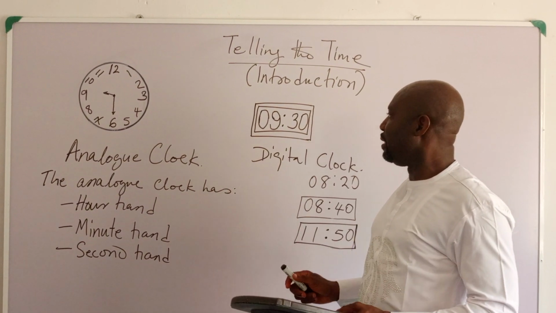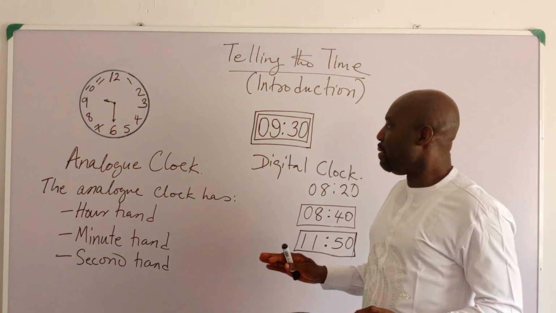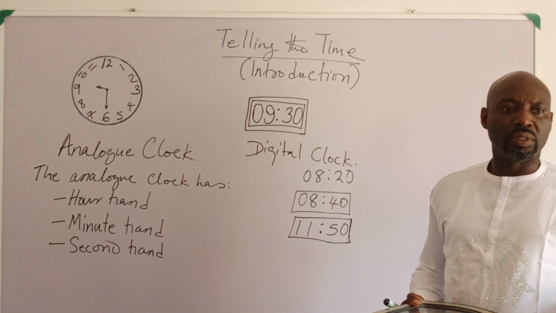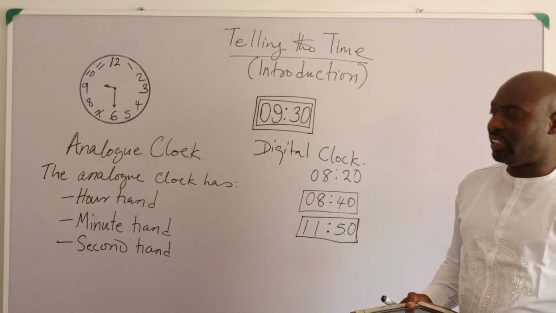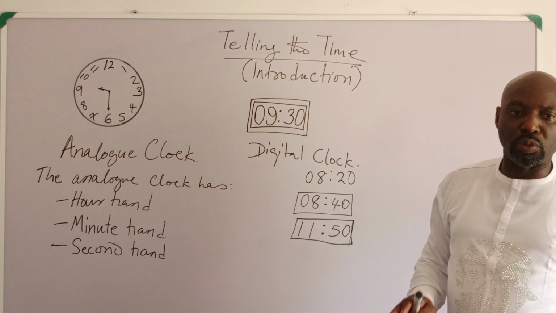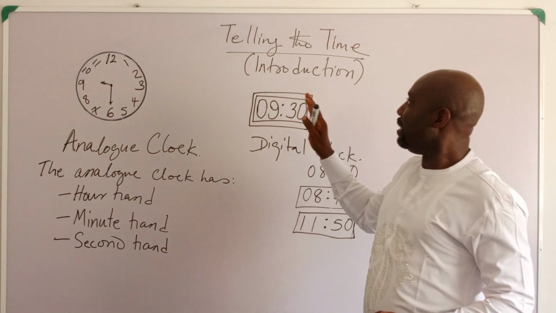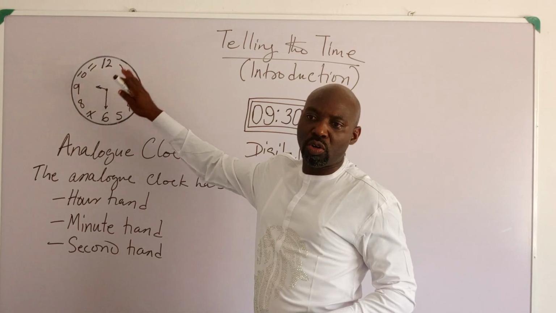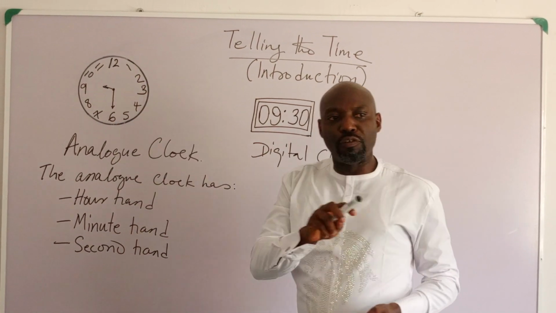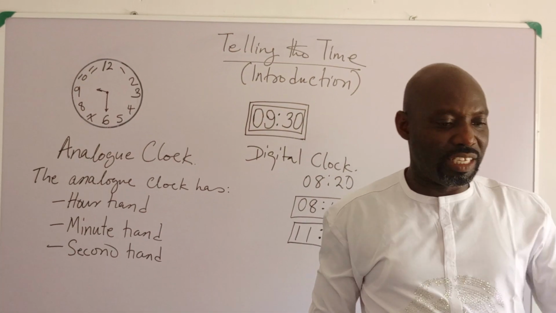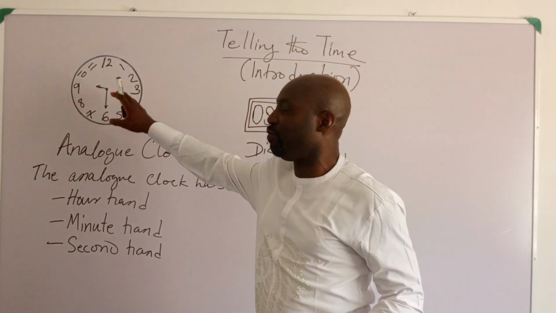The issue is that recently, the time we use on our phones, our wristwatches, they are mostly what? Digital. But the principles by which the time is told are from the analog clock. Most of you did not really meet the analog clock, when your wristwatch would have this kind of face.